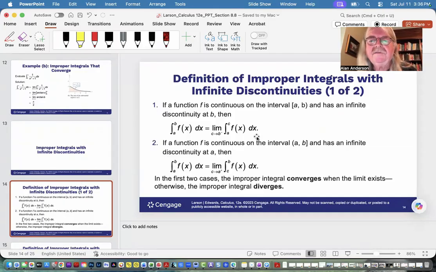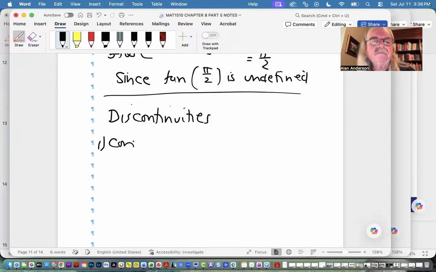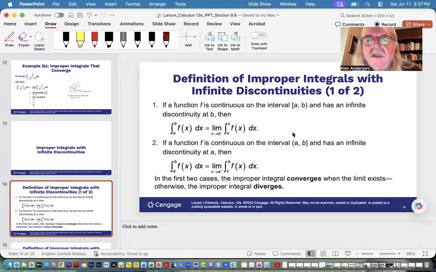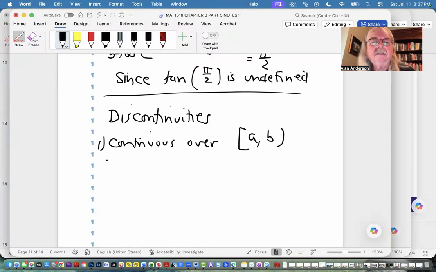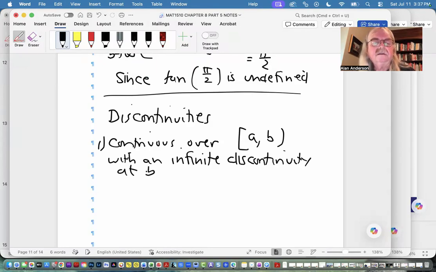And so if in the first case we are continuous over a to b, but there is an infinite discontinuity at b, then how do we solve this?